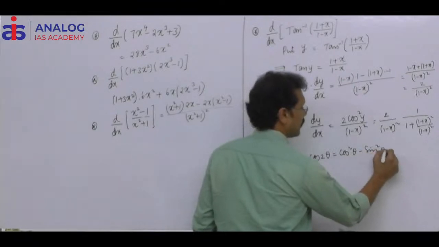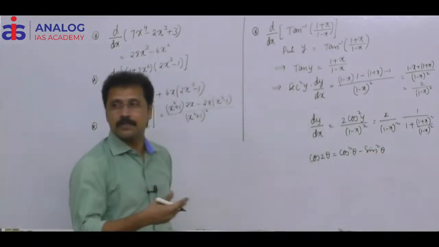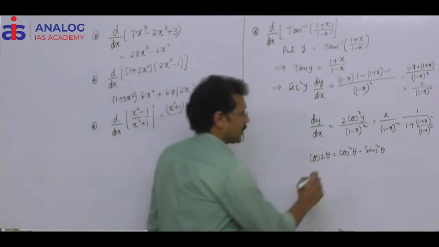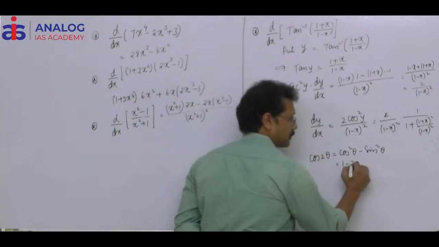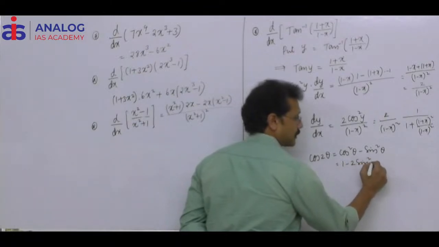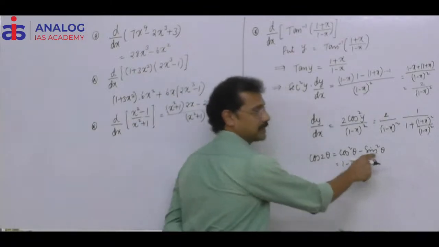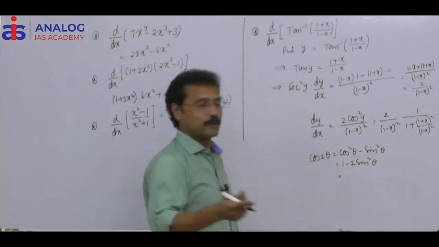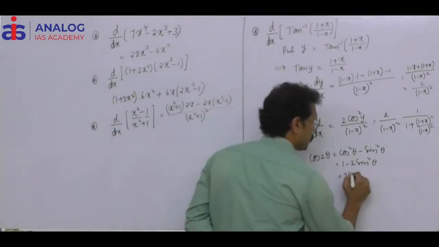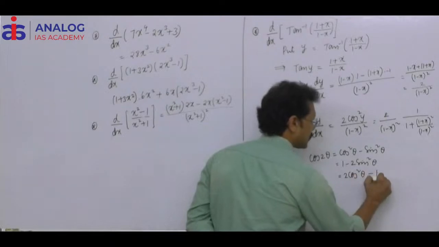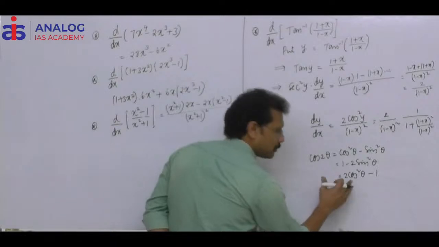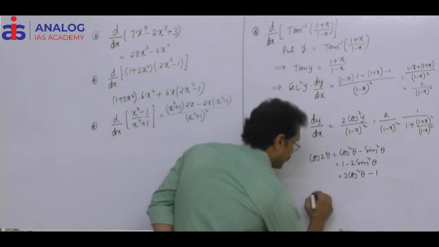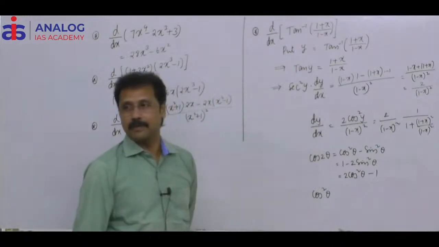Now here there are multiple variations that are possible. Cos square theta is 1 minus sin square theta, therefore 1 minus 2 sin square theta. Again sin square theta is 1 minus cos square theta, therefore this becomes 2 cos square theta minus 1. Now suppose somewhere down the line you need to integrate cos square theta.